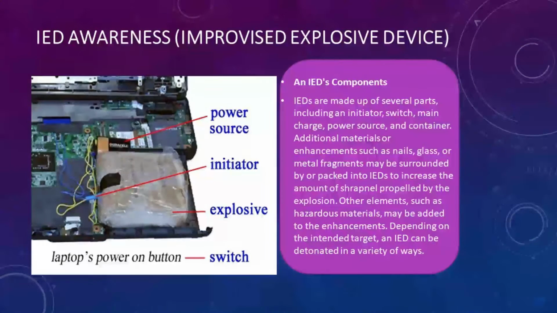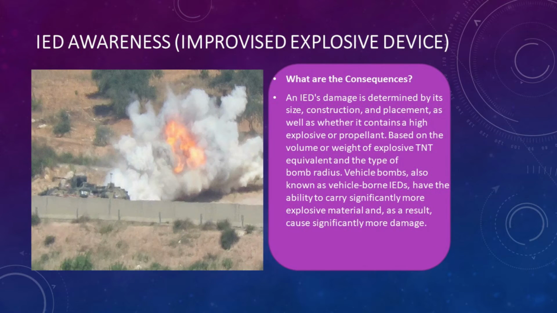We can also use hazardous materials, depending on the intended target. As shown in the figure, here are the several parts of the IED: the power source, initiator, explosive, and the switch. What are the consequences?